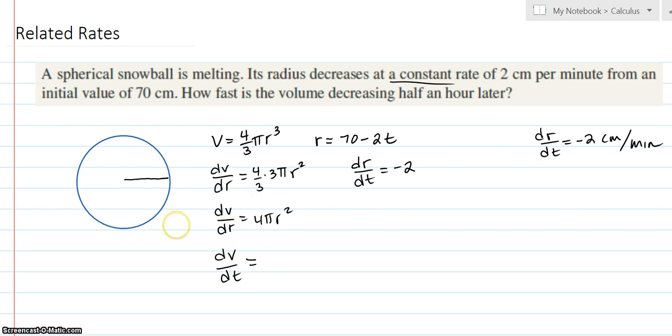So you can see that dV/dt is really, by the chain rule, dV/dr times dr/dt. So we get 4 pi r squared times that negative 2. That is how dV/dt is related to r.